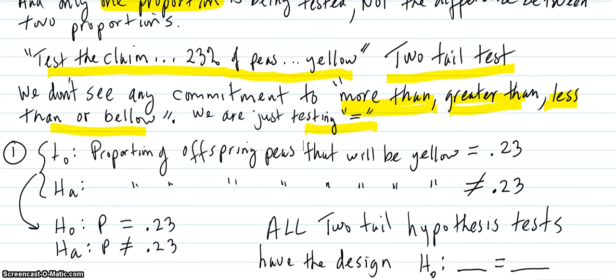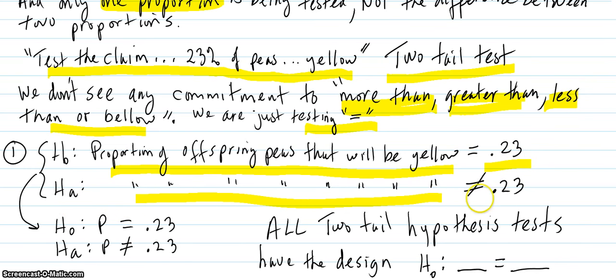So our hypothesis setup here is that H0, the null hypothesis, is the proportion of offspring peas that will be yellow is 23%, 0.23, and the alternate, same wording, but not 0.23.